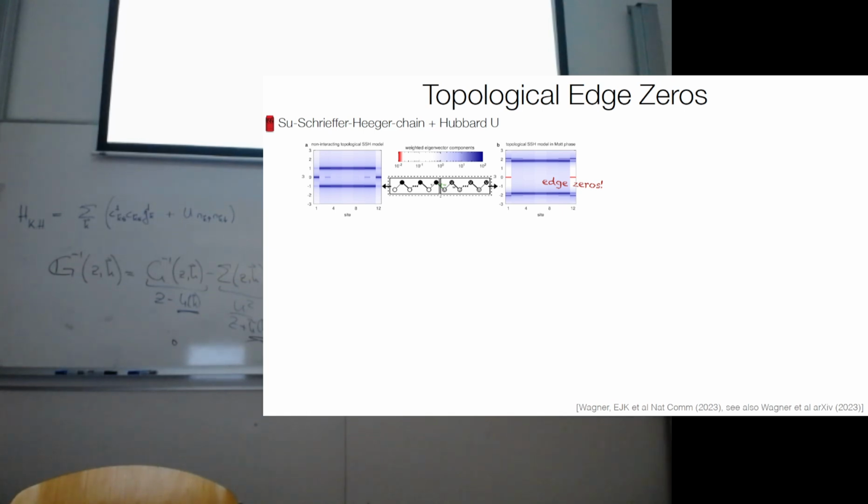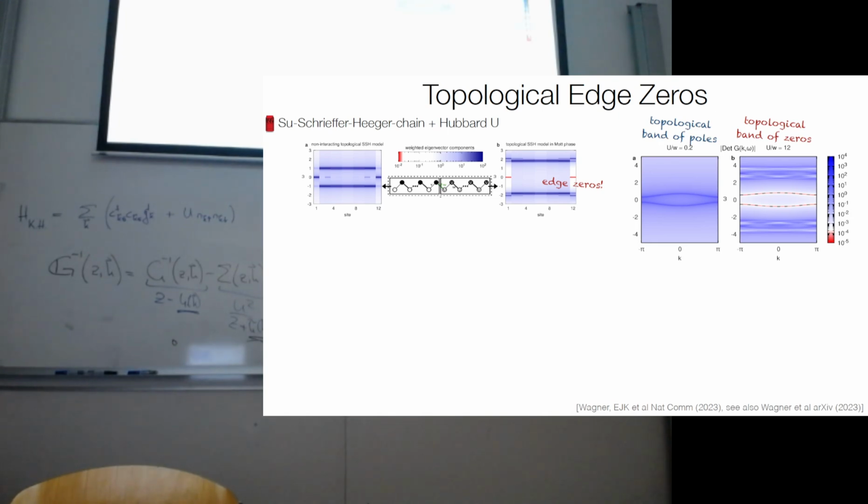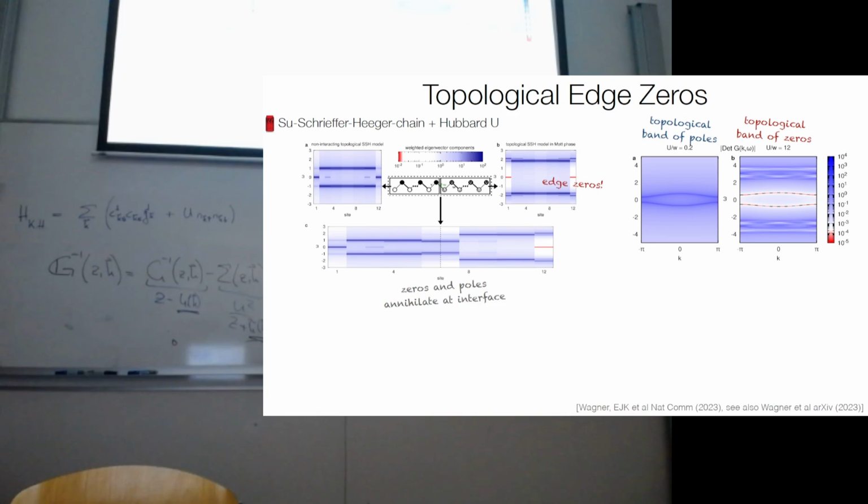What happens when you take zeros, a model which is a strongly correlated topological insulator, and you put it next to this guy here? And here, by the way, these are the bands of poles and zeros that I mentioned.